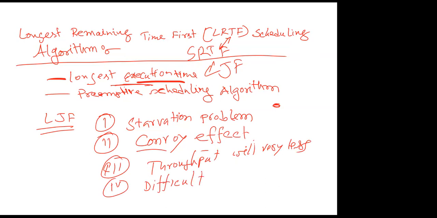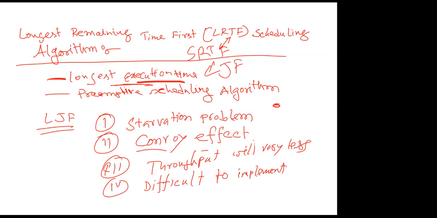When you create the process, your operating system needs to know the total execution time that the process will need, but it is very difficult to calculate at the beginning. So this type of algorithm is difficult to implement. These are the problems for the longest job first scheduling algorithm.